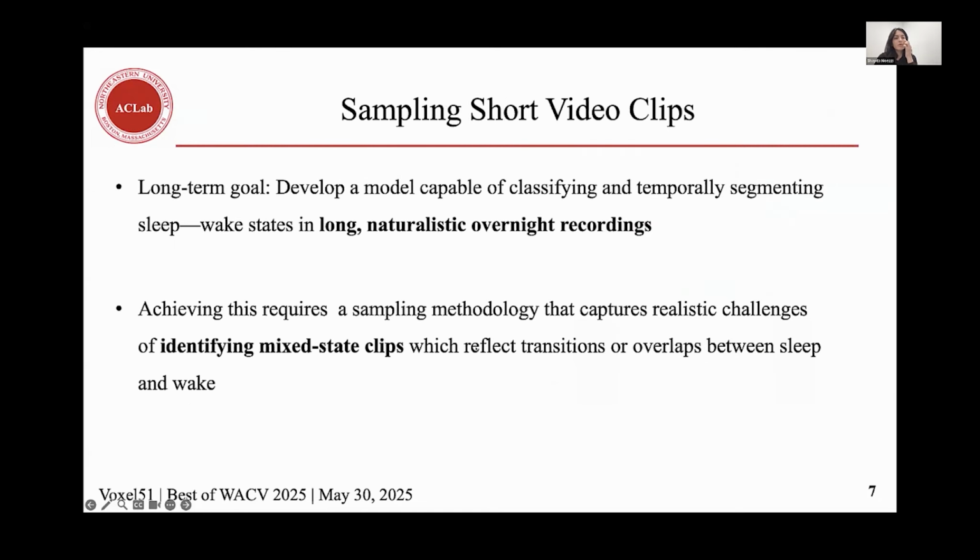The reason for sampling these short video clips began with first trying to understand this as a classification problem and trying to just classify those 90-second clips. But our longer-term goal is to develop a model capable of classifying and temporally segmenting the sleep-wake states in longer naturalistic overnight recordings, potentially looking at the full 8-hour footage and segmenting when the infant is asleep or awake.